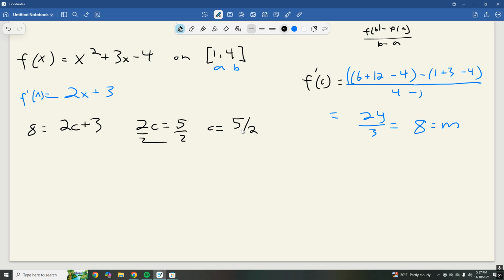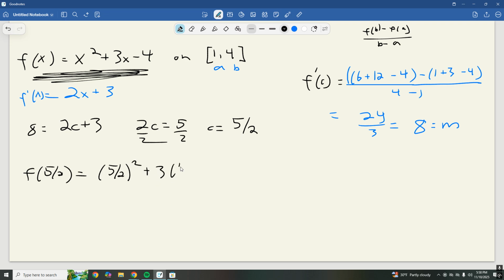So now we have our slope, we have our c, and all we need to do now is find the points for our equation. So let's plug our c into here. 5 over 2 to the power of 2, plus 3 times 5 over 2, minus 4.